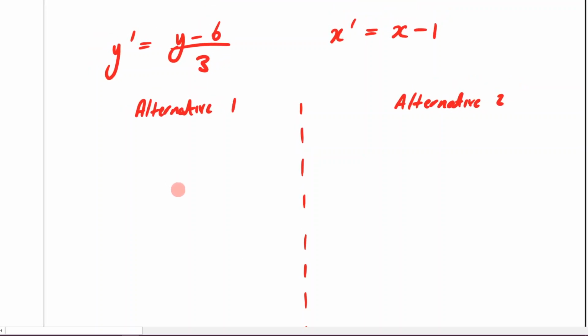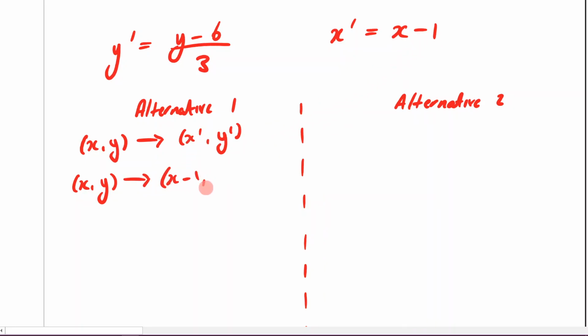Alright, so we have xy, and I go to x dash y dash. So I have xy, and I know that x dash is this right here, x minus 1, and I know that y dash is going to be this, y minus 6 over 3.